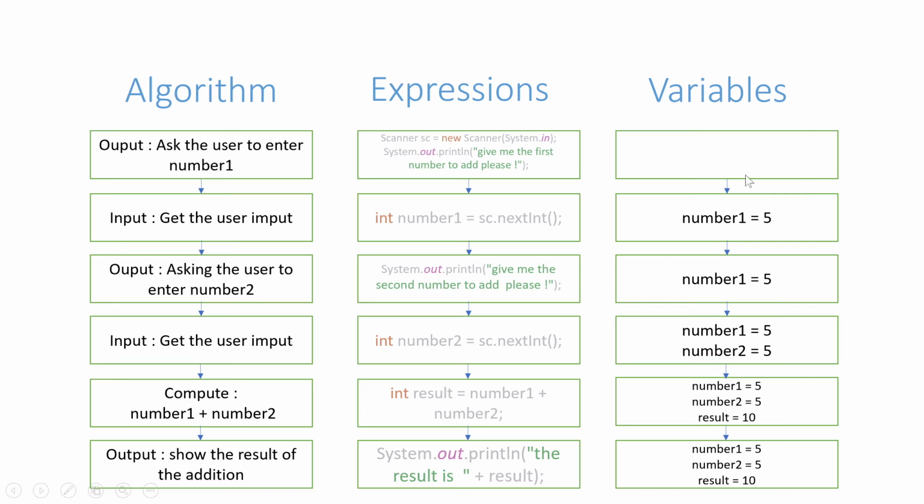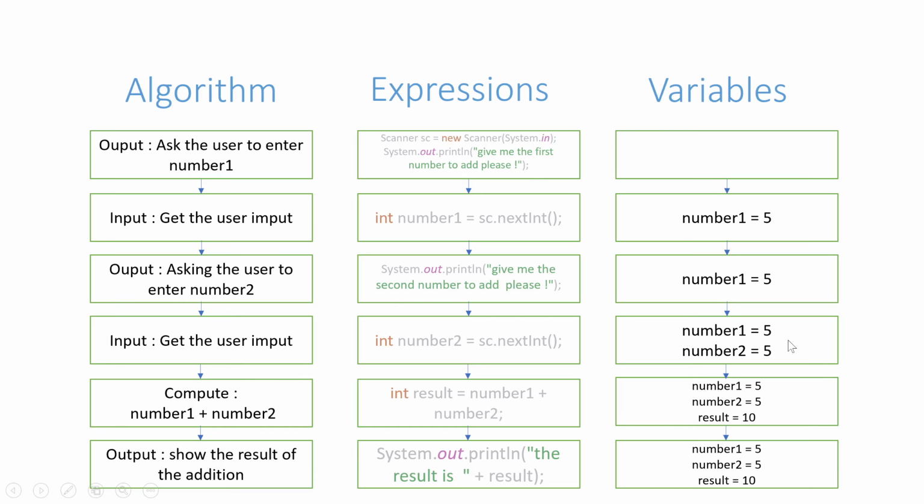At the first step, I don't have any variable, as you can see. On the second step, I'm having my first variable. I chose to write 5 for this example. Anyway, you could write whatever you want. On the third step, I'm still having only one variable, which is number 1, and we still have 5 in it.